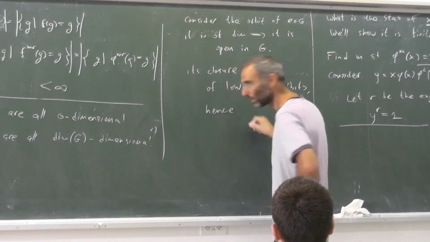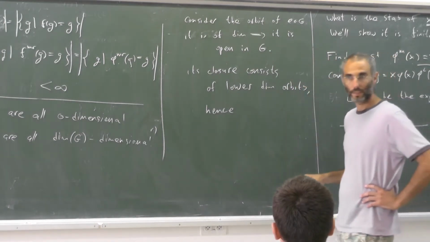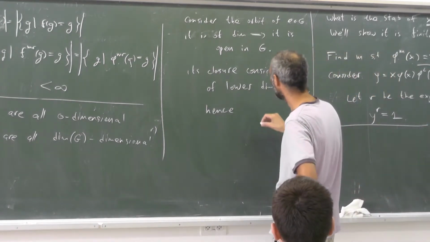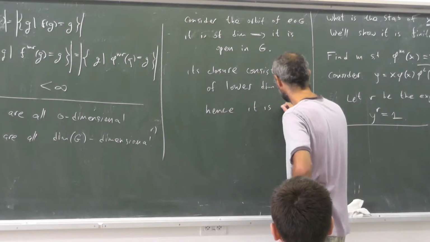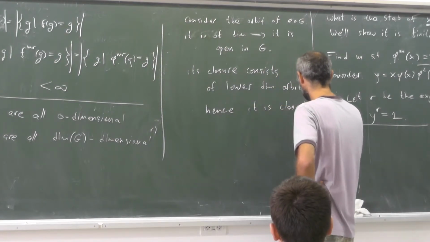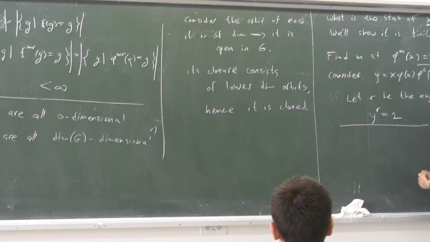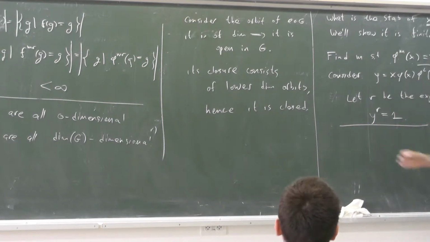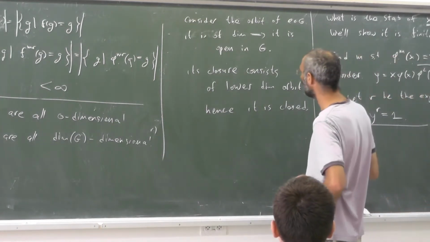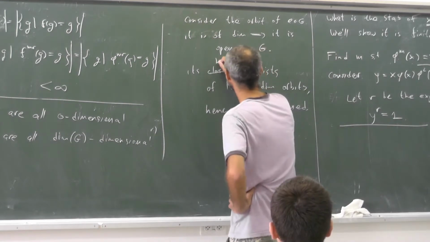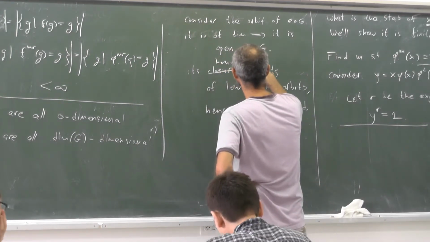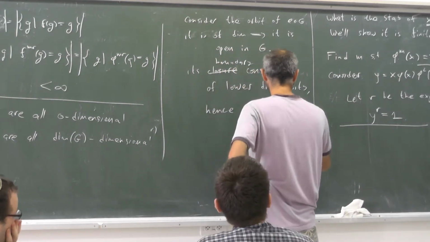But all orbits are of full dimension, and hence the boundary, which should be closed to begin with, consists of... it's the boundary, and hence it is empty.